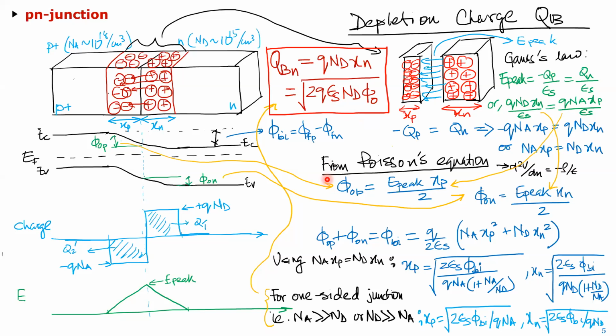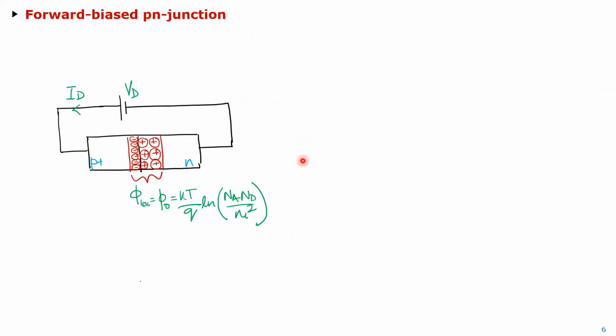Okay, so the next thing I want to cover is, so this is all I want to cover from a PN junction side of the story before doing the threshold voltage stuff. The next two things, which again I had covered last time, is I want to quickly give you an expression for forward and reverse bias.